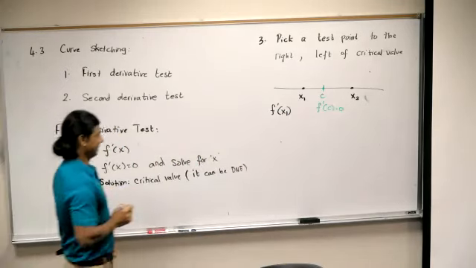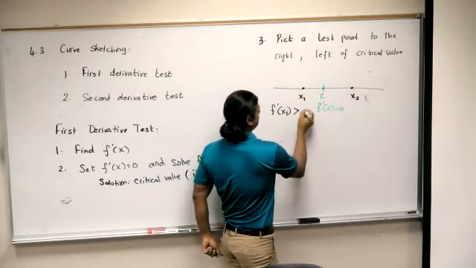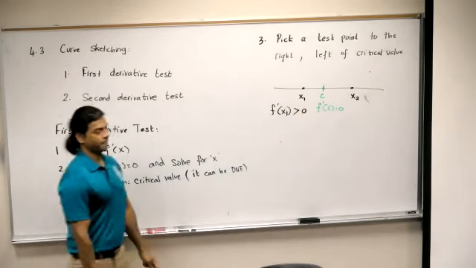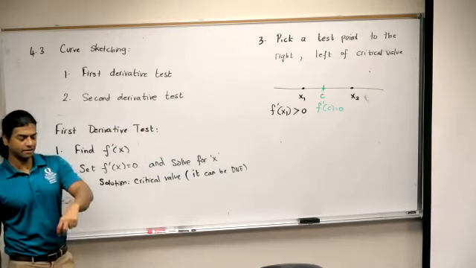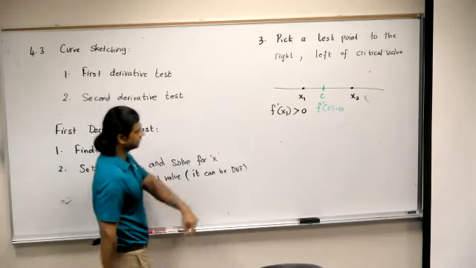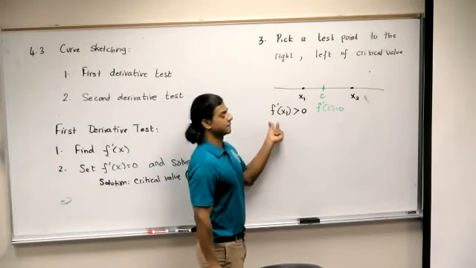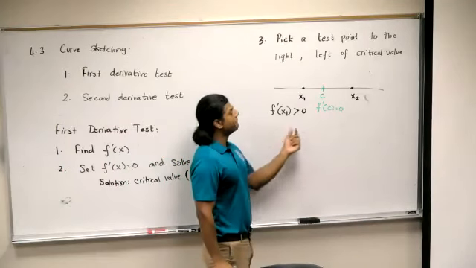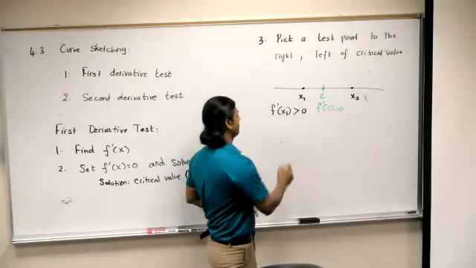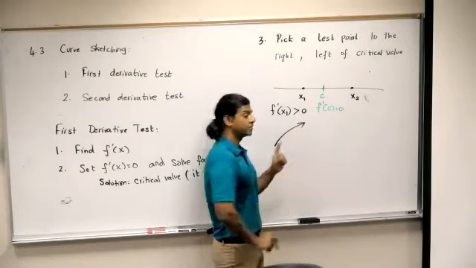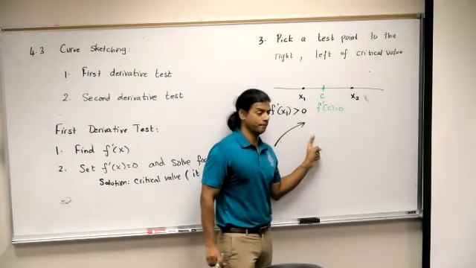If that is greater than 0, so when you plug in the first derivative, you're going to get a number. And if that number is greater than 0, the original function is going up.